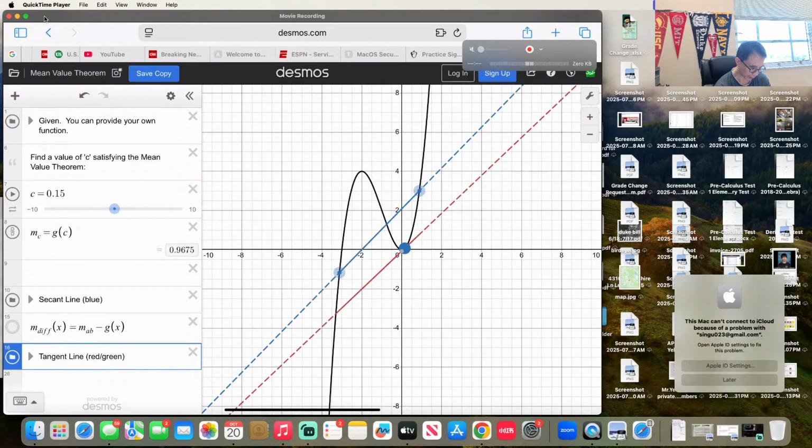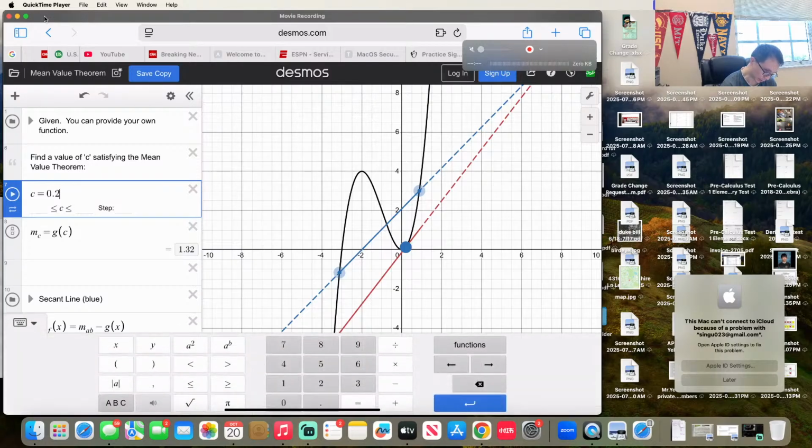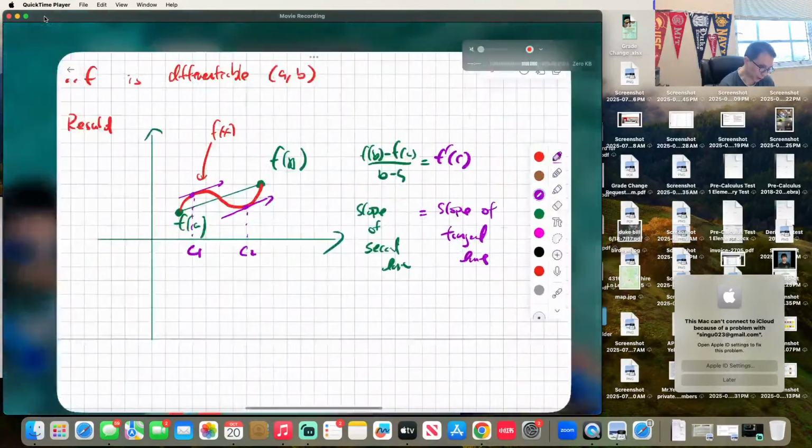It's really hard to adjust. Maybe 0.15, maybe 1.6. Yeah. So you see that slope is equal to that. So it's really important that you know that.